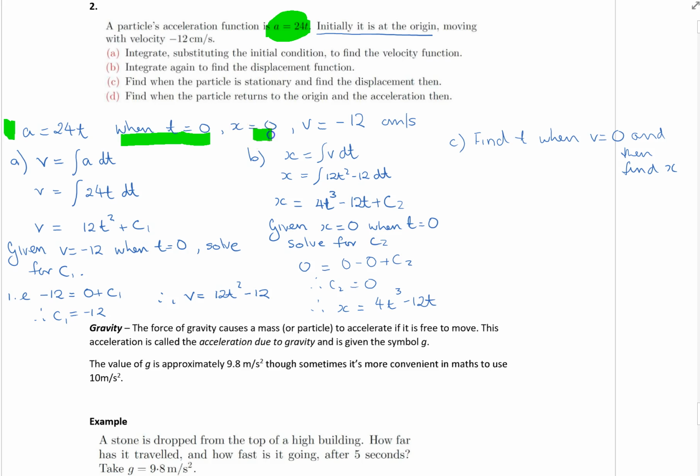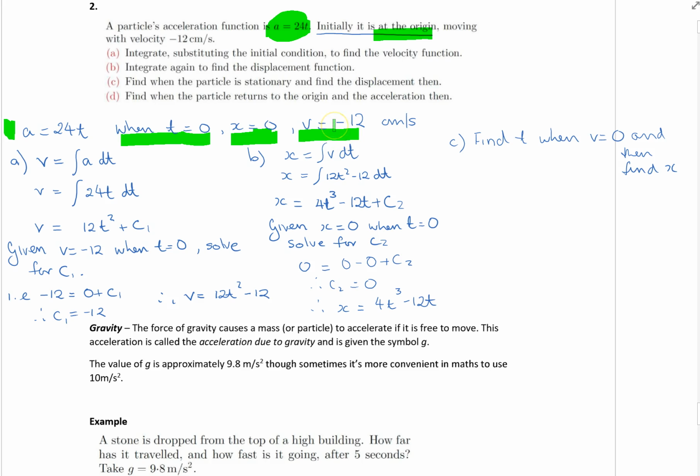So I write this now. I've been able to interpret is at the origin, moving with velocity -12. I write that. So what do I know? It's got an acceleration function. Initially, it's at the origin and it's going backwards. Its velocity is -12.